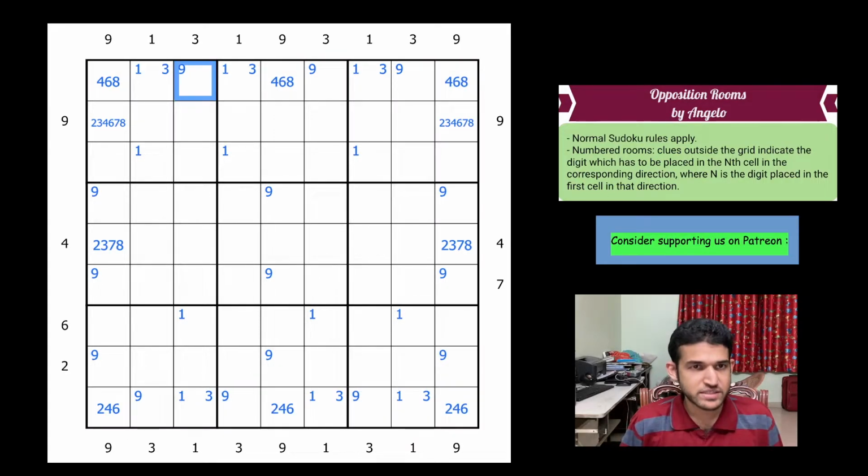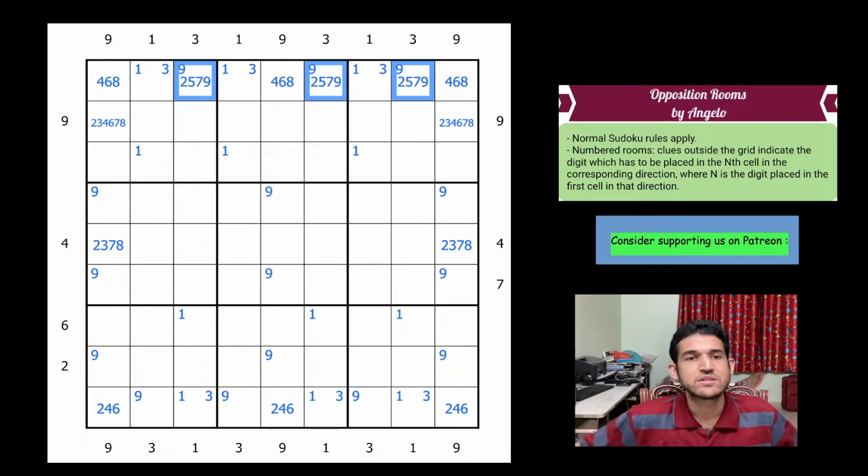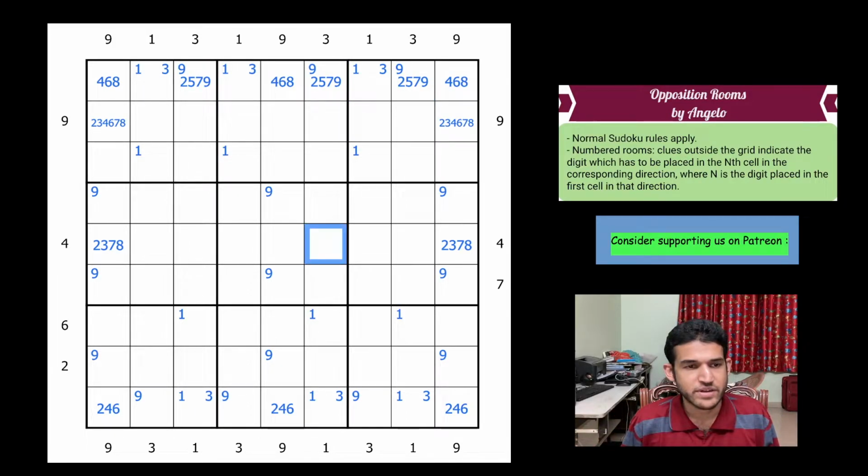If I look at the cells I have marked now, they can't be 4, 6, 8, nor can they be a 1 or a 3. So they can only be a 2, 5, 7, or a 9.